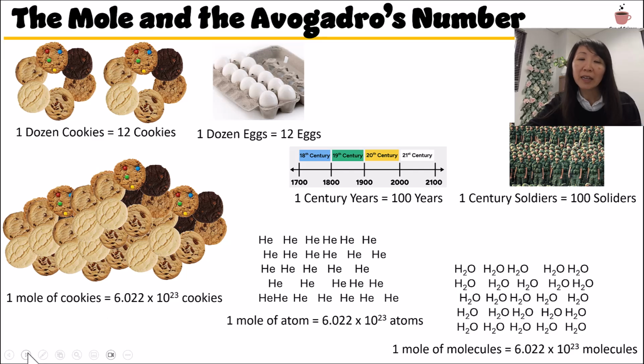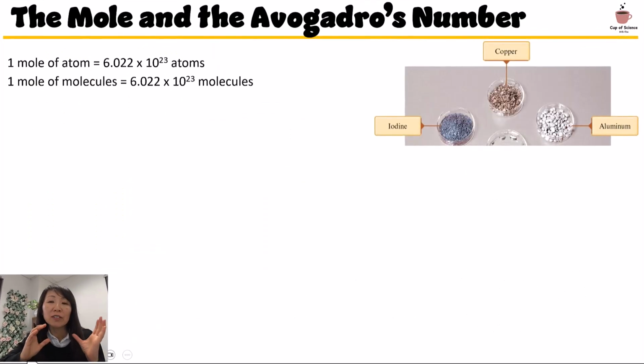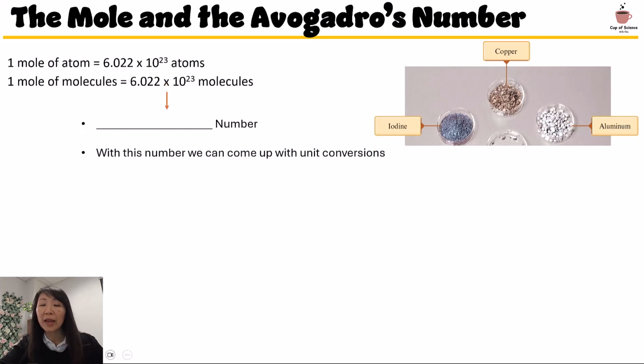Because in chemistry we deal with really big numbers, instead of saying 6.022 times 10 to the whatever power, we can simply say 1 mole, 1.5 moles, 3 moles. This value of 6.022 times 10 to the 23 is also known as Avogadro's number.